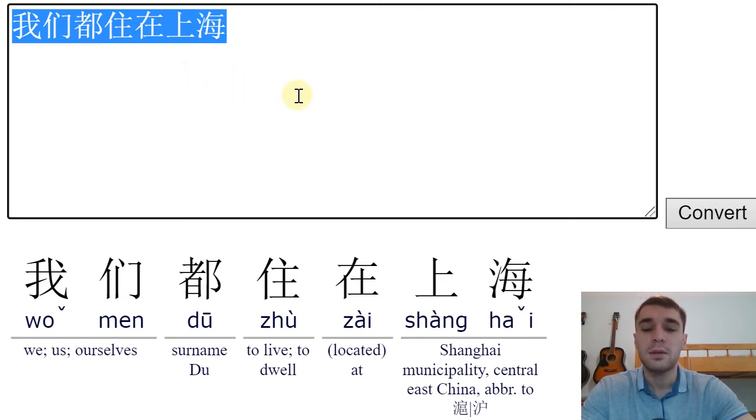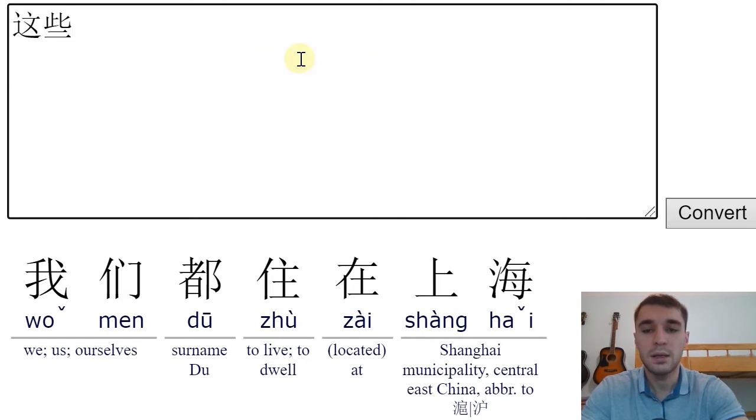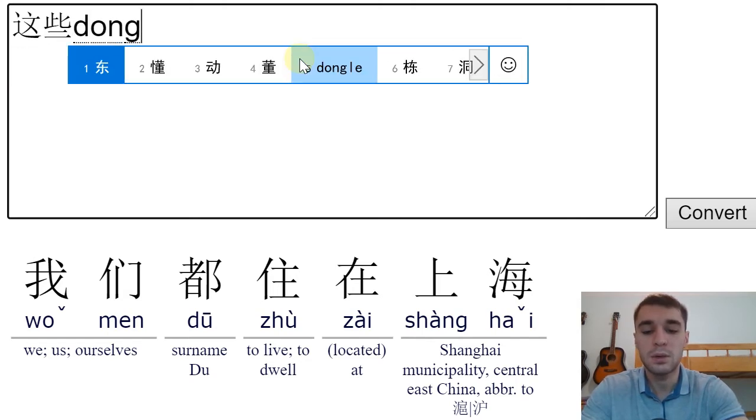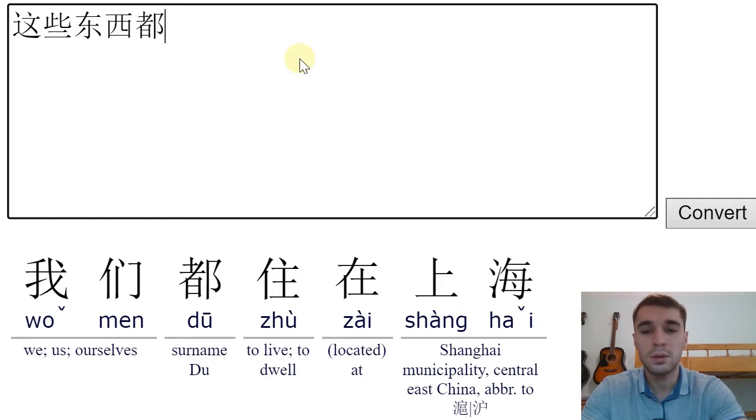These things are all expensive. 这些东西, these things, 都, all, expensive. We should write 很 first to connect this noun to the adjective. 都很贵.